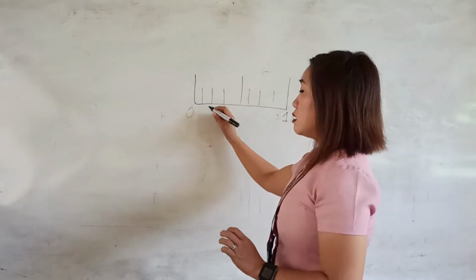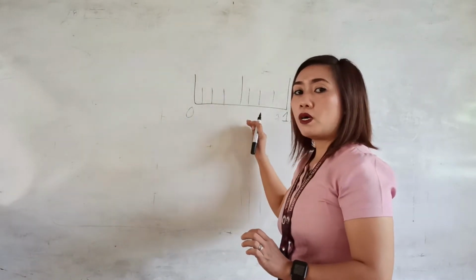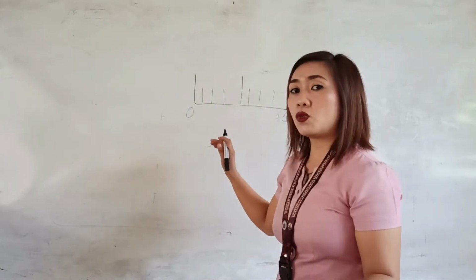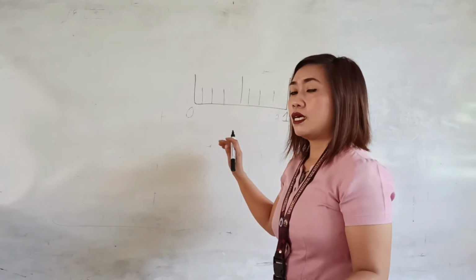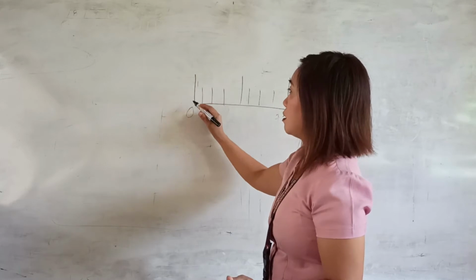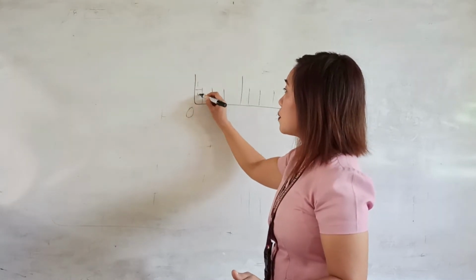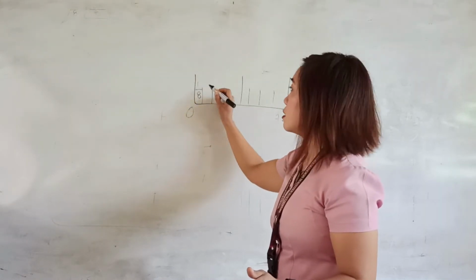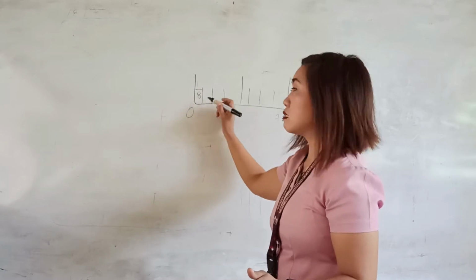Since it has been divided into 8 equal parts, the denominator should be 8. So the first space is our 1/8, having 2 lines.